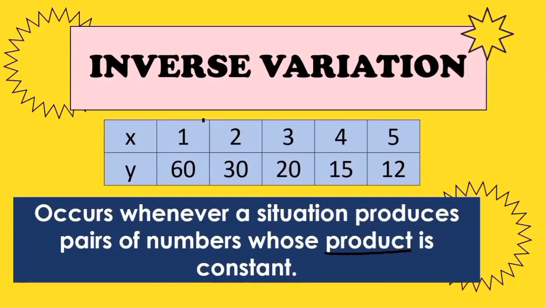So we'll have 1 times 60, that is 60. 2 times 30, that is also 60. 3 times 20, 60. 4 times 15, 60. And 5 times 12 is also 60.